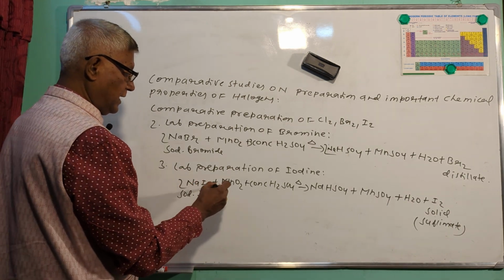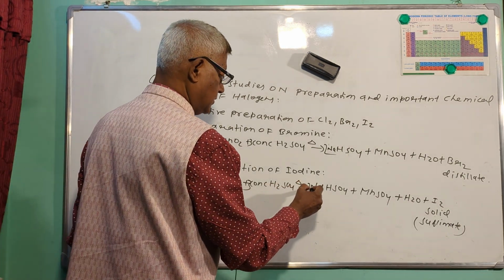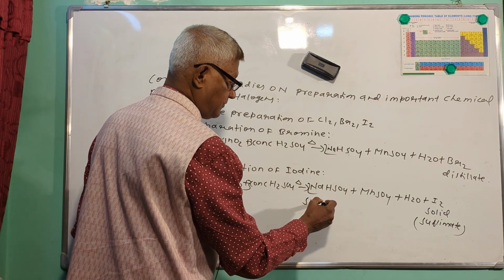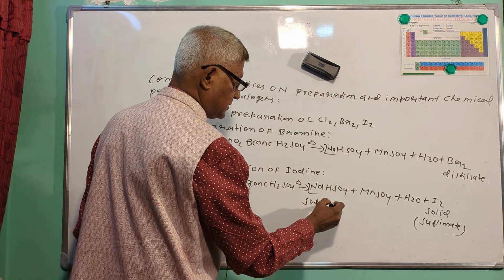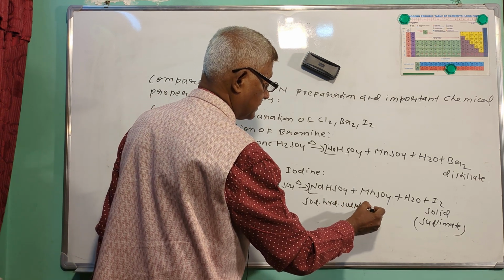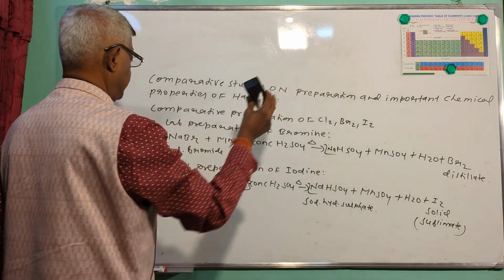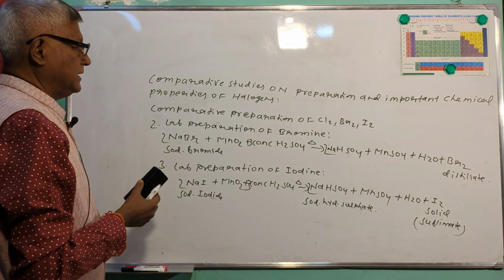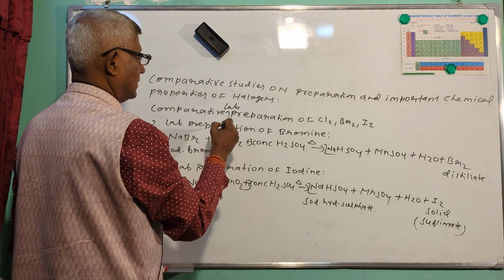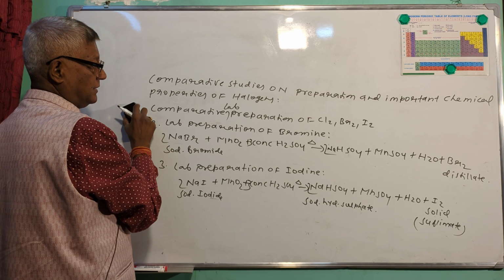So we have 2 NaI, 3 sulfuric acid, 2 sodium hydrogen sulfate, better to say hydrogen sulfate. Yes, so we have cleared, I think. So that is the comparative lab preparation of chlorine and bromine.